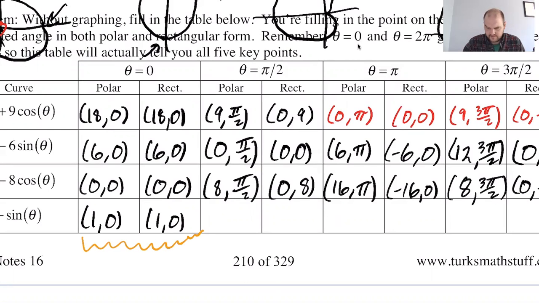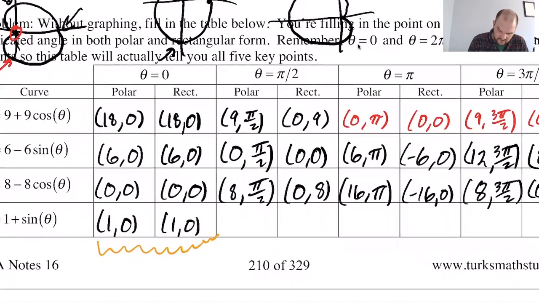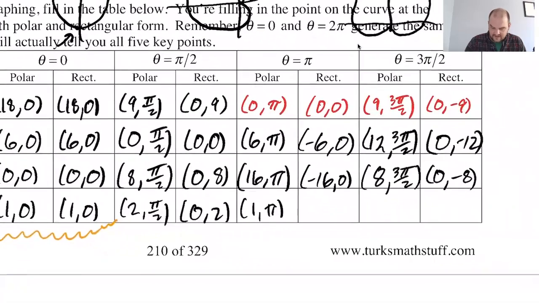They look exactly the same. All right. And then when theta is pi over 2, I'm going to be at 2, and then I'm on the y-axis, so it's actually just 0, 2. And then when theta is equal to pi, I'm going to be at 1 again, so 1 comma pi. And then I'm on the negative x-axis.